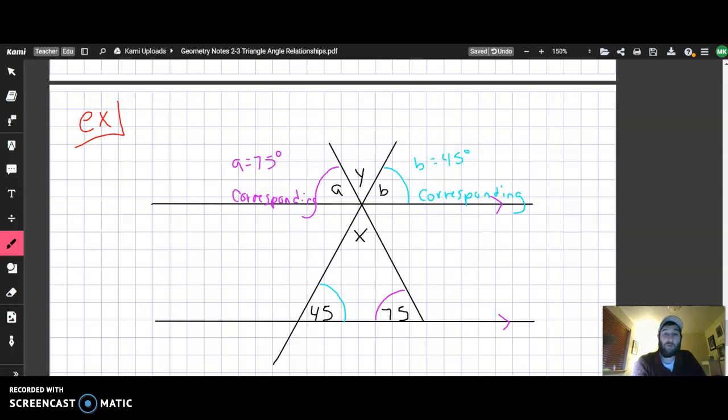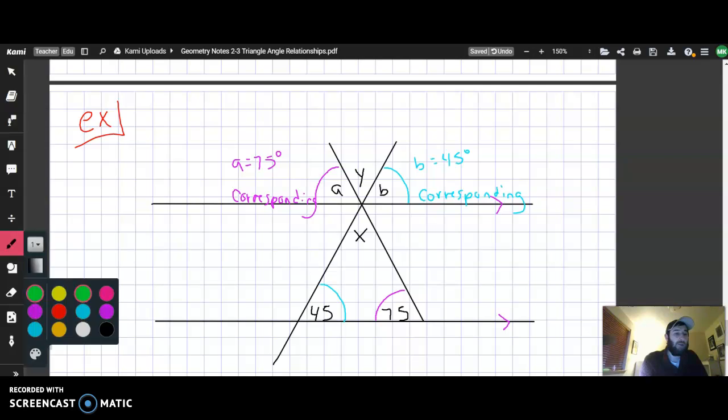Now, those first two angles we were able to solve because we knew our angle relationships from our parallel lines last week. Now, for angle X, we're able to solve because we know our triangle sum theorem.